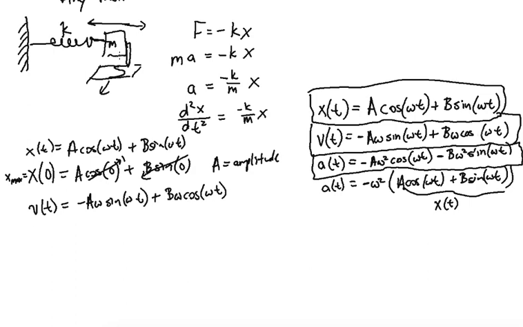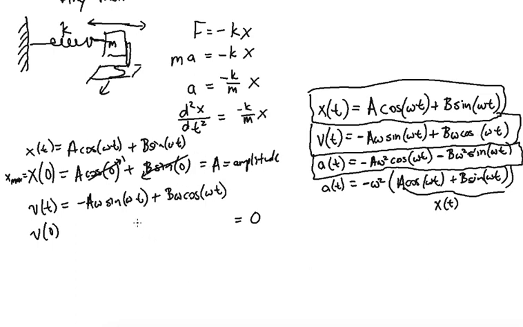So I grab this thing, I pull it off to the right, and I let go of it. How fast is it going right when I let go of it? Well, I've just let go of it, so it's not moving at all yet. The spring hasn't had a chance to accelerate it and give it velocity. So v of 0 has to equal 0. Whatever this is has to equal 0, just like the other had to equal the amplitude.